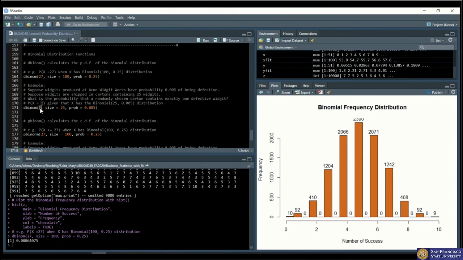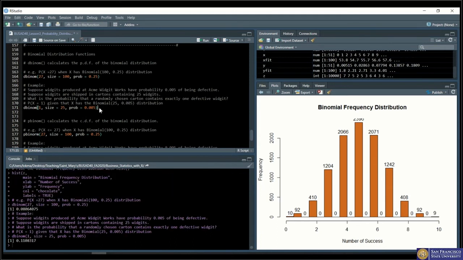One successful defect case, size is 25 because every carton has 25 units. The probability to find a defect is 0.005. So what is the chance to find exactly 1? The chance to find exactly 1 defect in one box is approximately 11.1%.